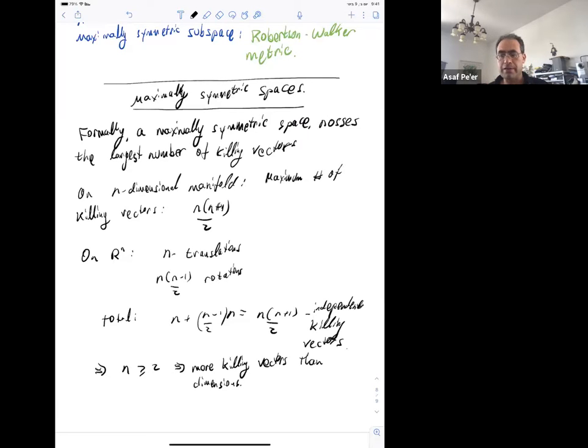Remember, this sounds a bit confusing because at a given point there are at most n independent Killing vectors, but the Killing vectors are defined over all space. So when you look at the entire space, you end up with n times n plus 1 over 2 independent Killing vectors.